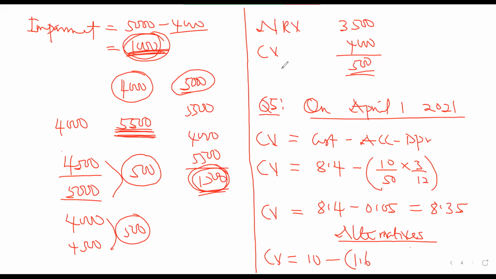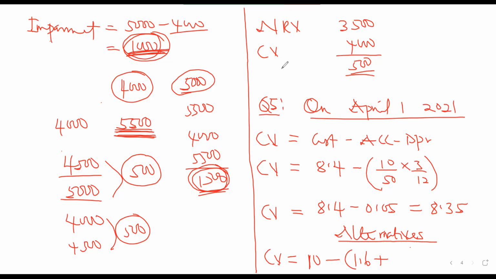1.6 plus. Do you know where I'm getting the 1.6 from? The cost of the asset is 10 million, isn't it? The carrying value at the start of the year is 8.4.